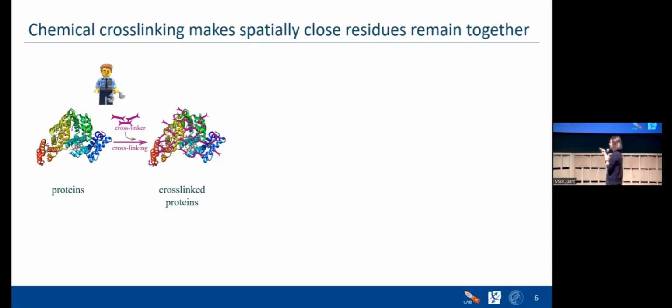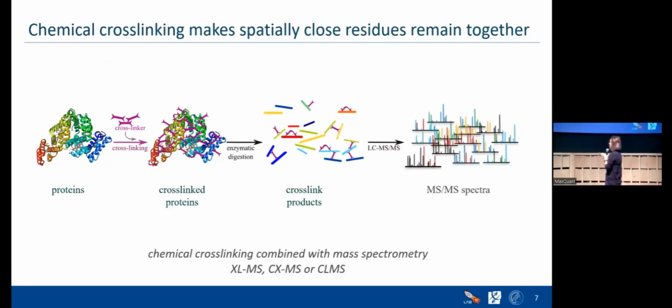And then I will have these crosslinked proteins. When I do the enzymatic digestion, unlike typical proteomics, I will have a quite complex sample. So I will have a lot of additional products, and my spectra will be more complicated than the typical shotgun proteomics experiment spectrum.